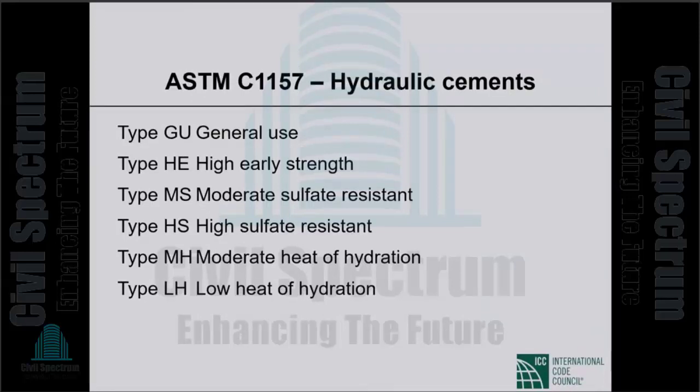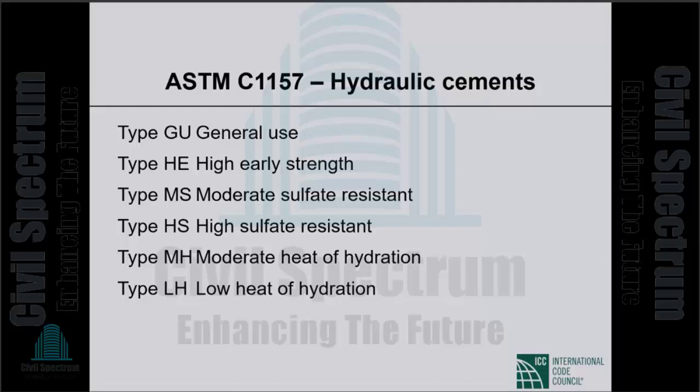C1157 hydraulic cements, this is relatively new. C150 goes back a long way, then came C595, and then C1157 is relatively recent. This is also called a performance spec, meaning the ingredients and so forth are not pinned down, but what properties the cement will deliver is emphasized.